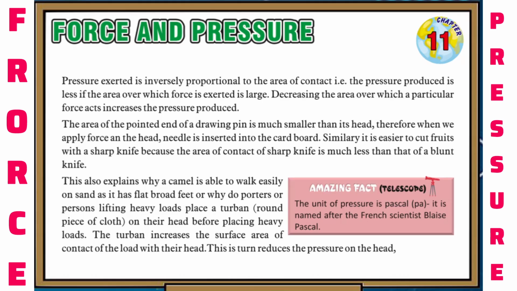This also explains why a camel is able to walk easily on sand, as it has flat, broad feet. And why do porters or persons lifting heavy loads place a turban, that is a round piece of cloth, on their head before placing heavy loads? The turban increases the surface area of contact of the load with their head. This in turn reduces the pressure on the head.